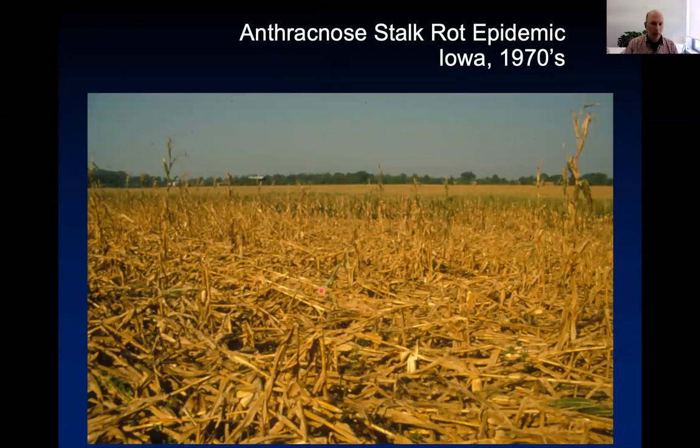And even though the ears, the mazorcas, are perfectly healthy, they cannot be harvested in this way. The harvester cannot collect them. So it can cause big economic losses. And in fact, there are areas today in the United States that cannot grow maize because of this disease. The farmers simply cannot grow maize because they'll lose their entire crop.